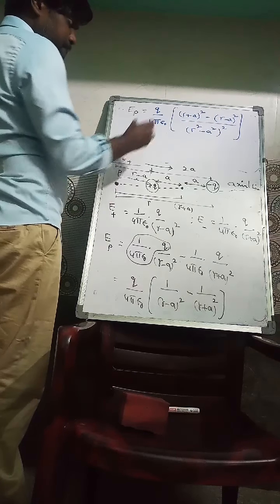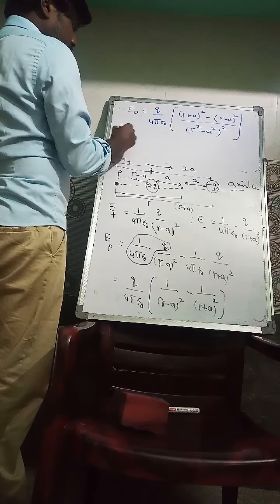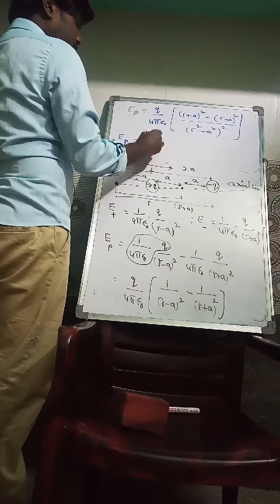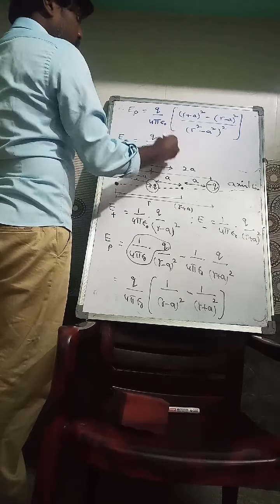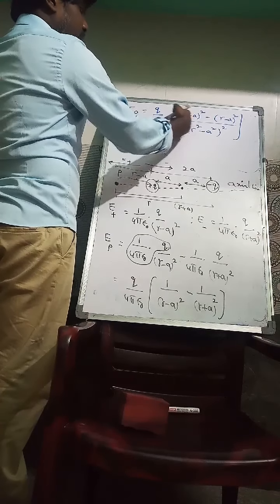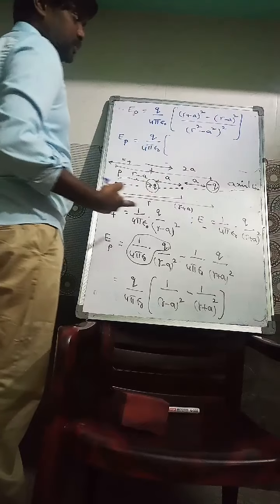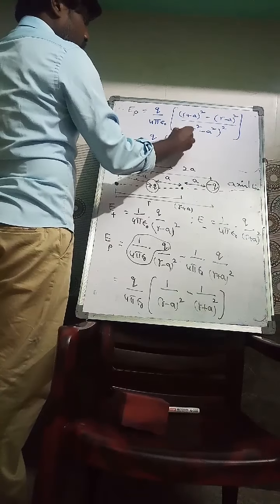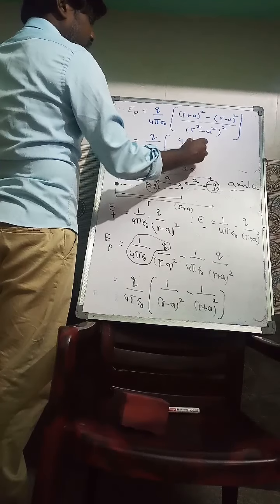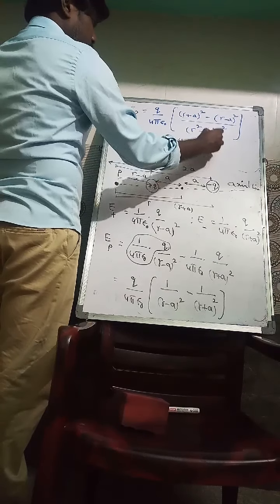If you do the simplification, using (A plus B) whole square and (A minus B) whole square, you will get 4RA by (R square minus A square) whole square.